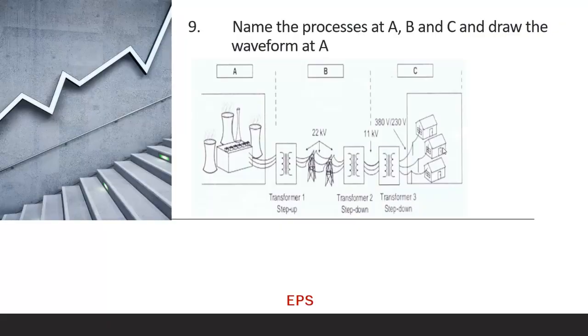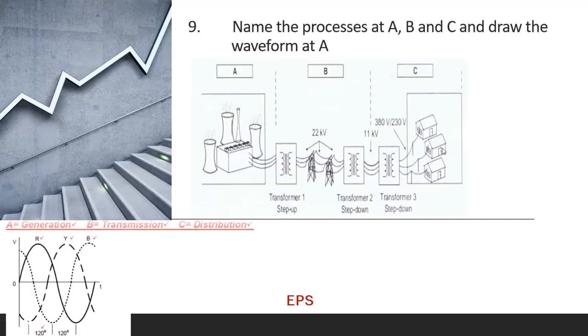Now we have the distribution network. Name the processes at A, B, and C, and draw the waveform at A. So at A we will have generation, and that would be what is generated, just like above, three-phase.